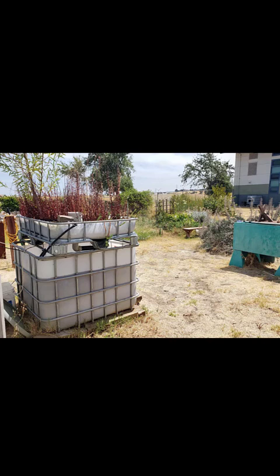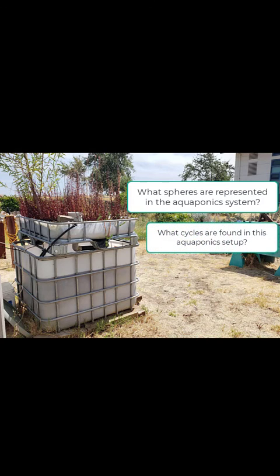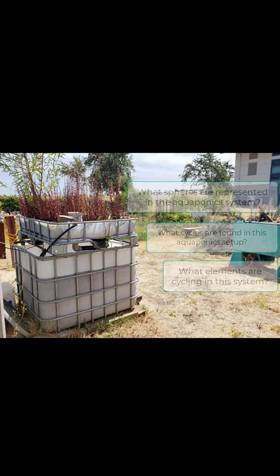Okay, so to finish this up, it might be helpful to be able to answer what spheres are represented in the aquaponics system here at school. Also, what cycles are present and cycling in the aquaponics setup. And then finally, what elements are making their way through this aquaponics setup.